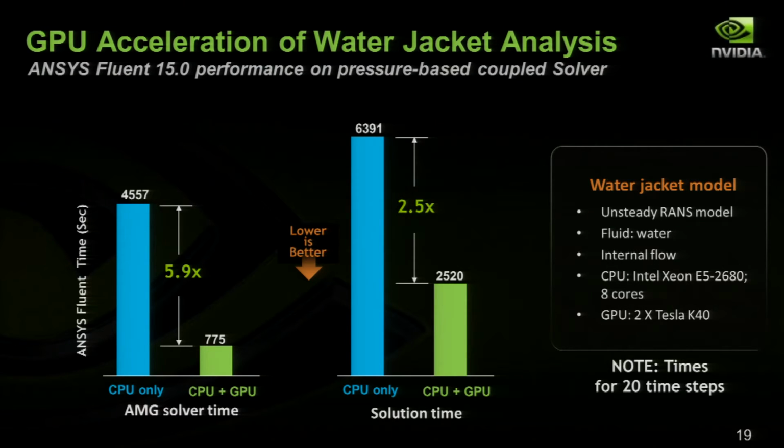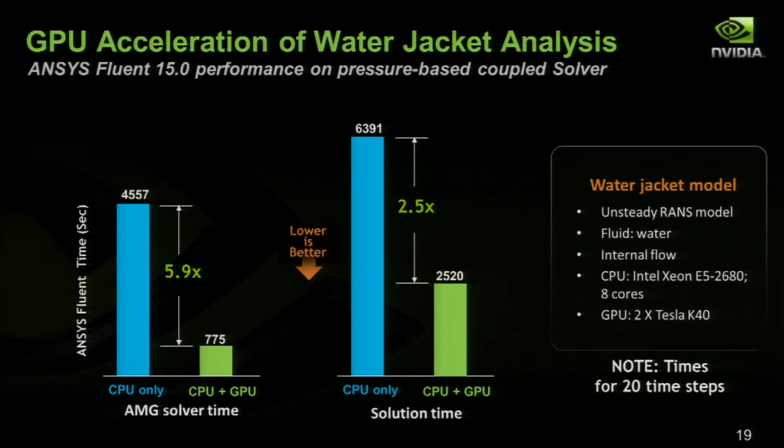When we ran this problem on 8 CPU cores, which are Intel Xeon E5-2680, Sandy Bridge, to do 20 time steps in this unsteady simulation, it was taking 4,500 seconds in the AMG solver. But by adding 2 K40s to this simulation, it dropped all the way to 775 seconds.